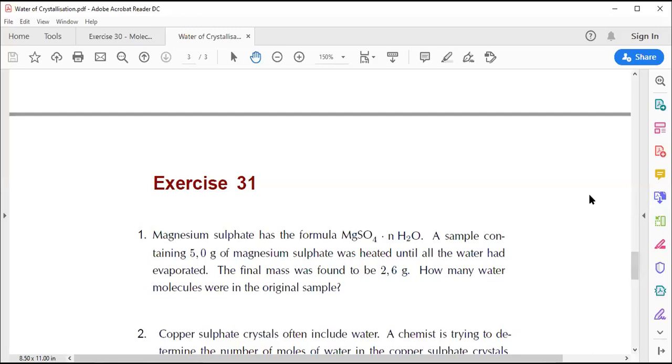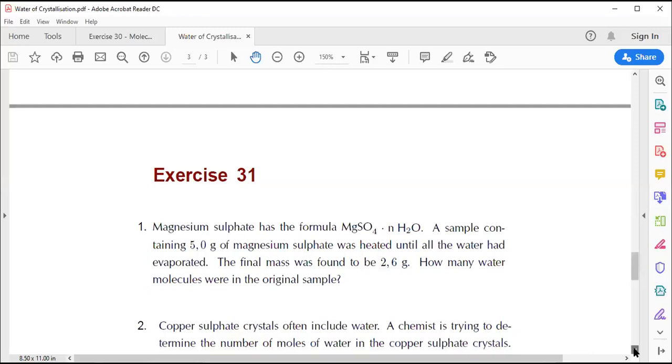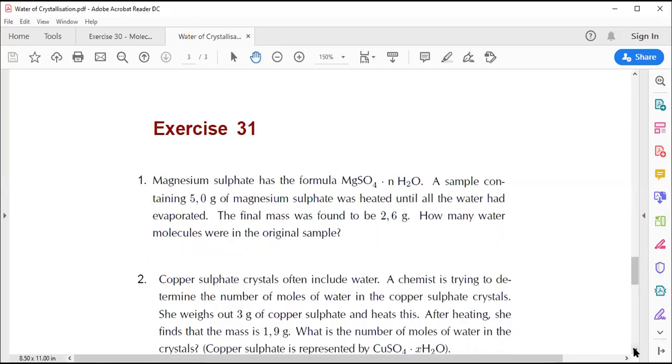It says magnesium sulfate is the formula MgSO4.nH2O. A sample containing 5 grams of magnesium sulfate was heated until the water had evaporated. The final mass was found. So the 5 grams is the combination of this.